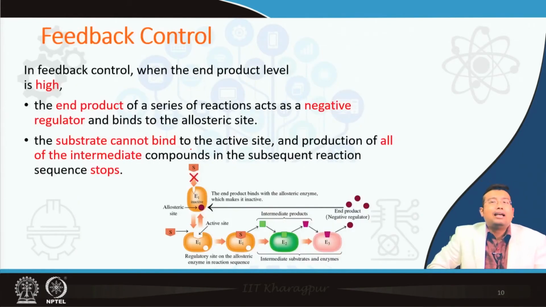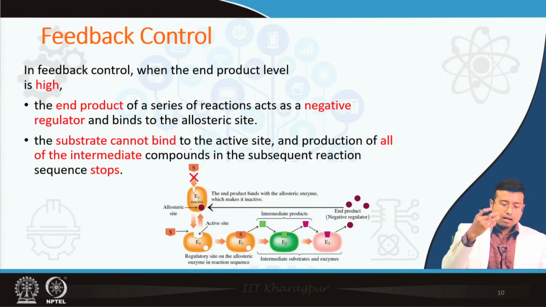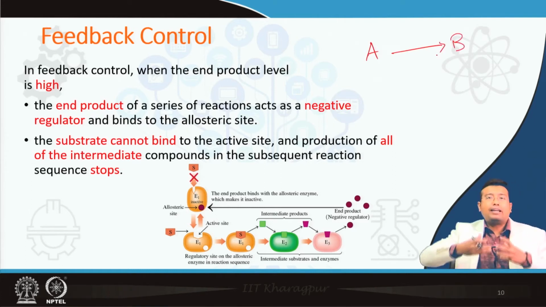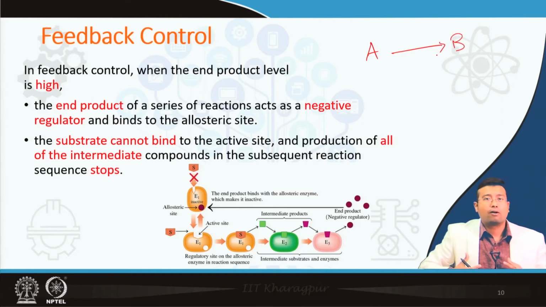So we move into feedback control. So what is feedback control? Feedback control is actually very easy to understand. Suppose the end product level is high, as in the example A to B. So my body has a lot of B, right?